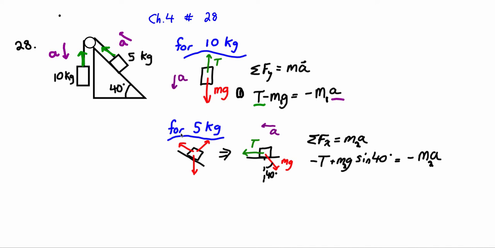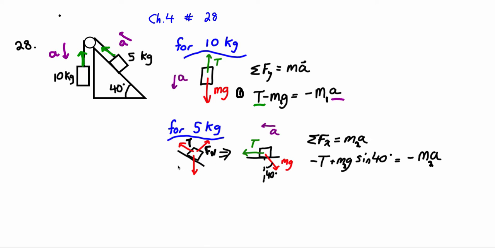So now down to the 5 kilogram mass. Now here I have three forces acting on this. I have my tension force. This force going up is the force of the ramp on the box, so that's called my normal force.